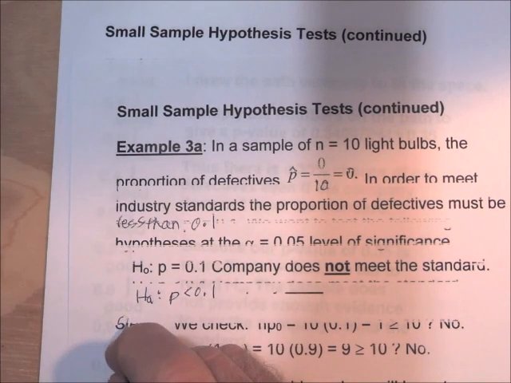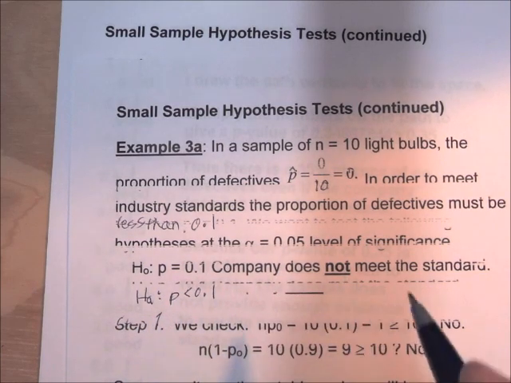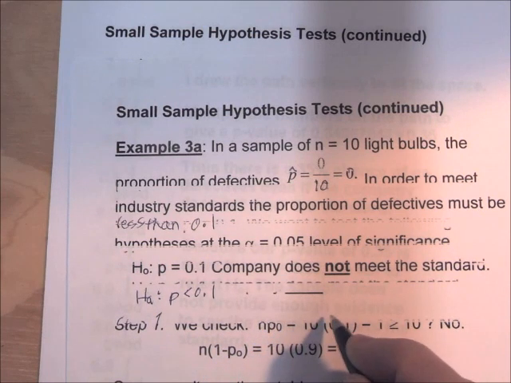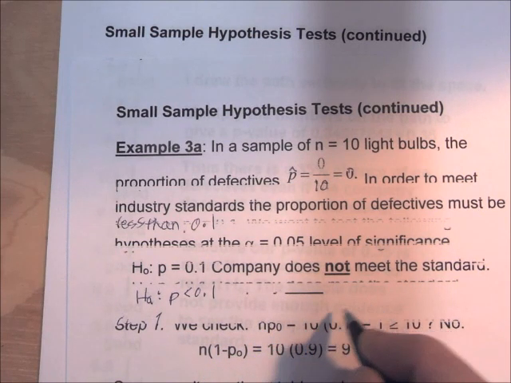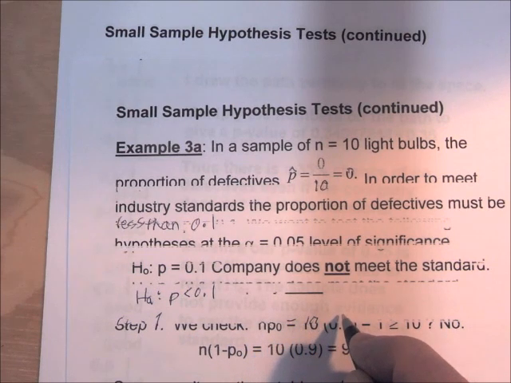First step, I check that n times p0, that's equal to 10 times 0.1.